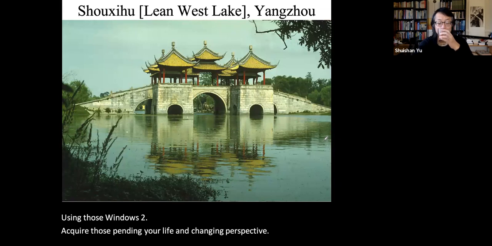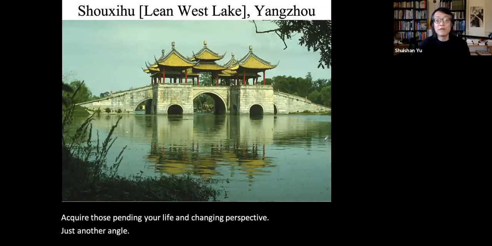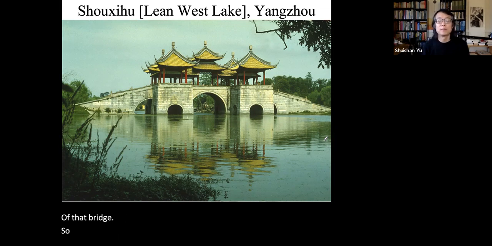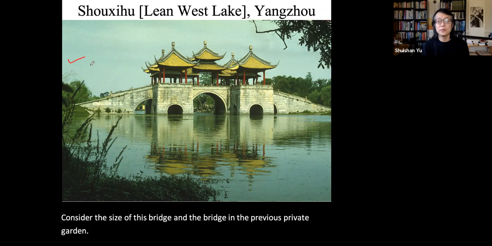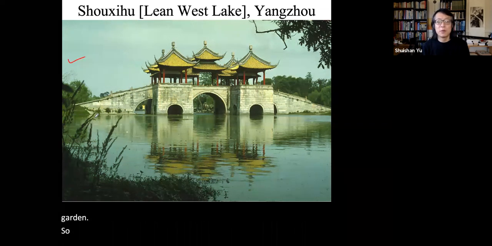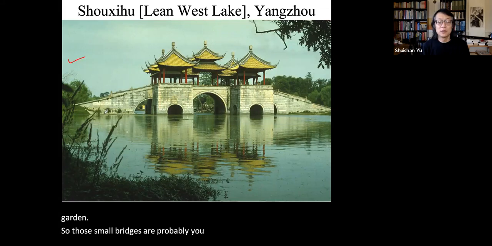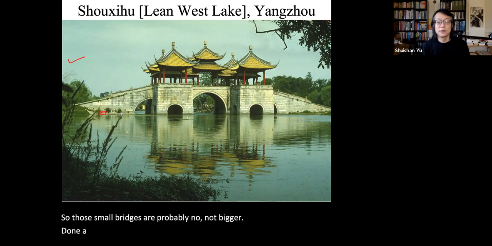Just another angle of that bridge. So again, consider the size of this bridge and the bridge in the previous private garden. Those small bridges are probably not bigger than a rock that is in this picture, right?